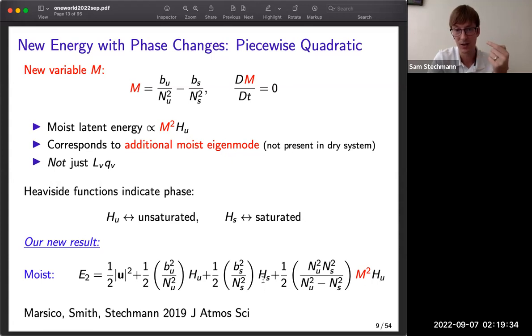And when I change to the saturated phase, I have to make up the difference in potential energies, because the Brunt-Väisälä frequency is lower when you're in the saturated phase. Since this is smaller, the potential energy is greater when you're in the saturated phase. So where it comes from is this new potential energy you have in the saturated phase. It's actually the sum of the old dry potential energy and this latent moist energy that was sitting around.